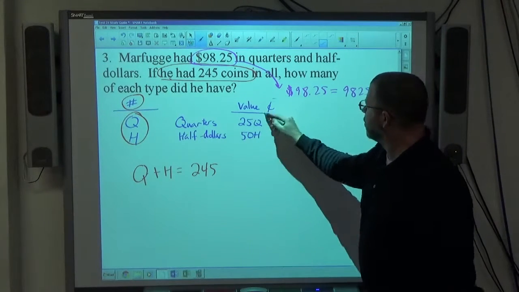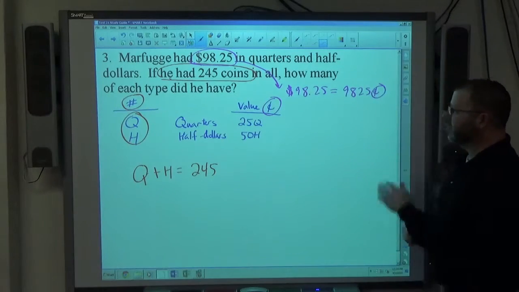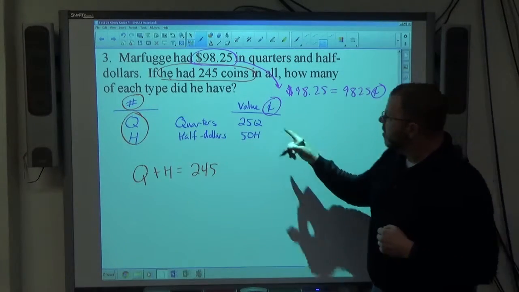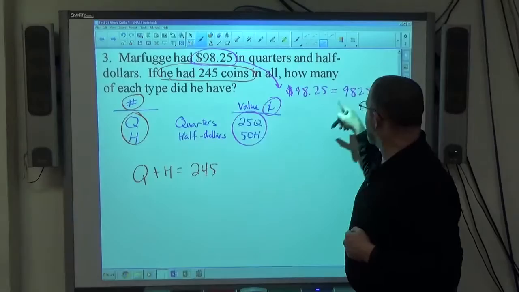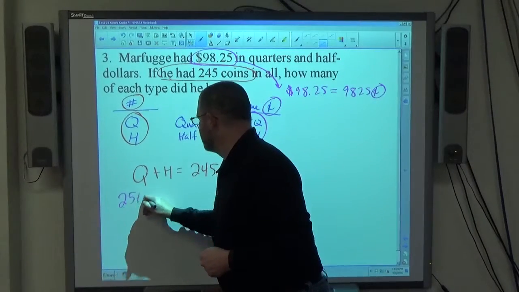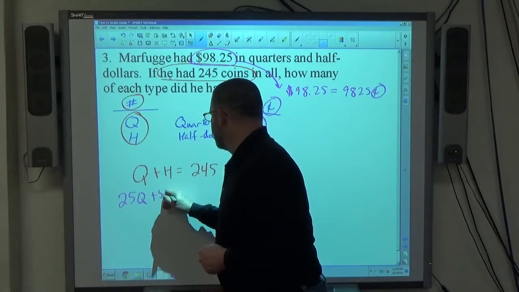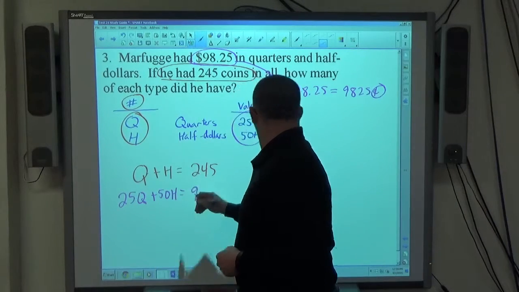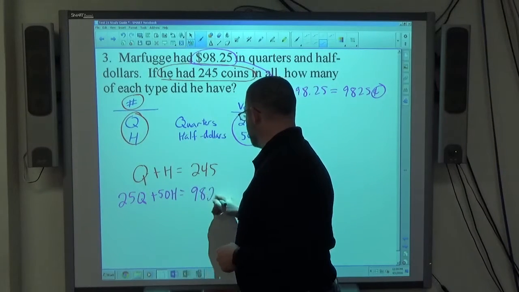So make sure the value of currency matches to create the facts. The value variables, these variables should add up to the total value of the money. So 25Q plus 50H should equal 9,825.